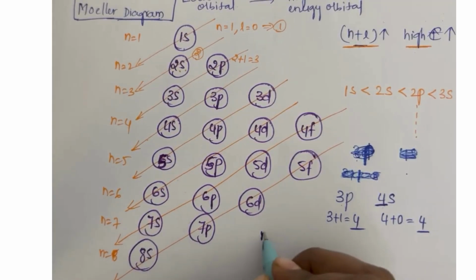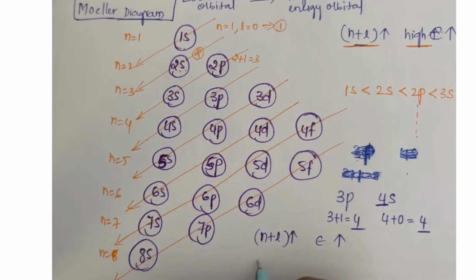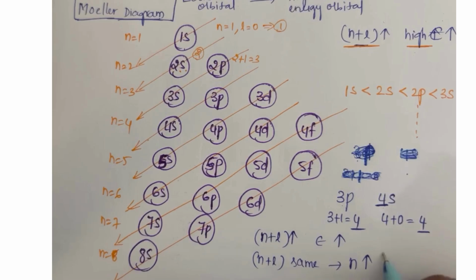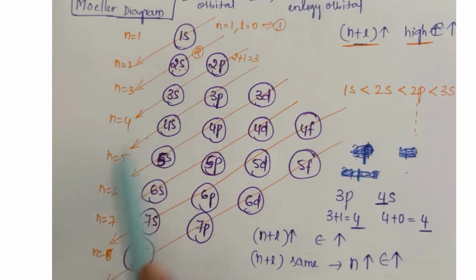If the n plus l value is higher, energy is higher. If the n plus l value is the same, then whichever has the higher n value will have the higher energy. Accordingly, we fill electrons into various orbitals using the Aufbau principle. Take a screenshot of this diagram. It will be helpful in your exams.